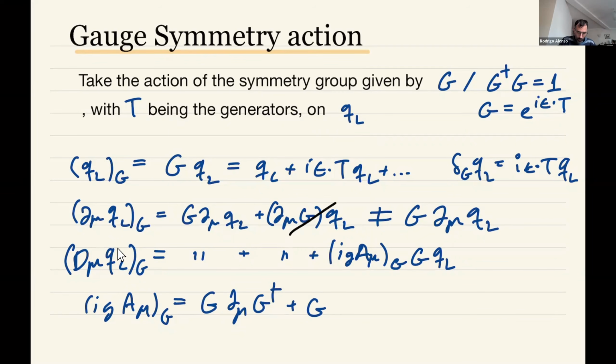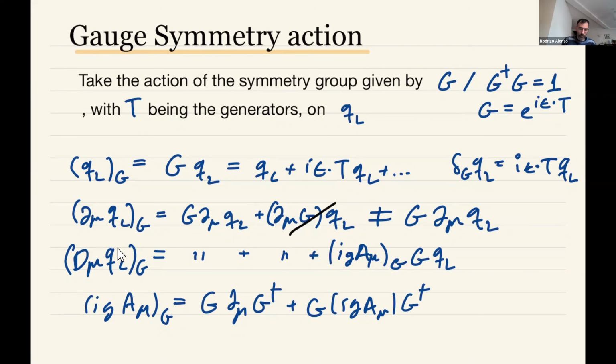All right. So, this is something you guys probably already know. These are the transformation properties and the interaction of a gauge covariant derivative that we need for covariant objects.